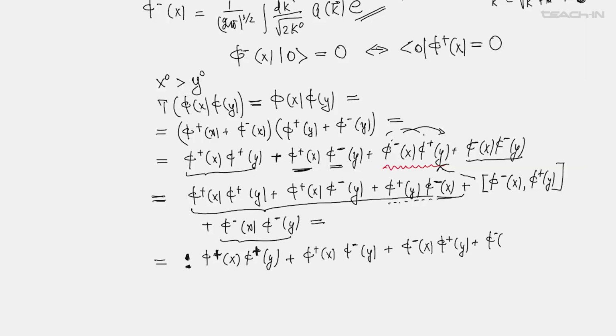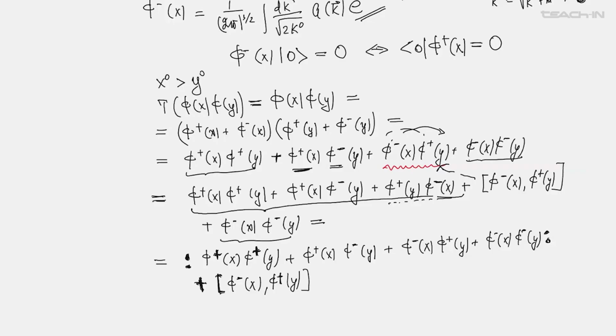Like this. And then there will be also a commutator phi minus on x, phi plus on y, and we know about this commutator that it is actually a C number. In other words, this is a function of x and y multiplied by the identity operator.